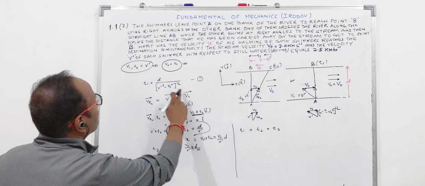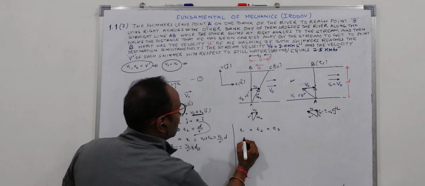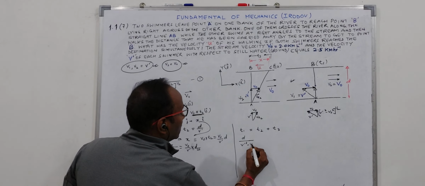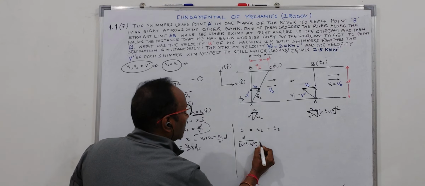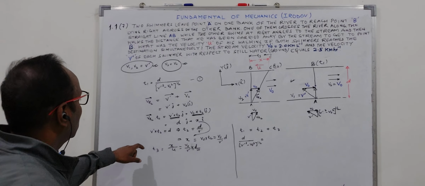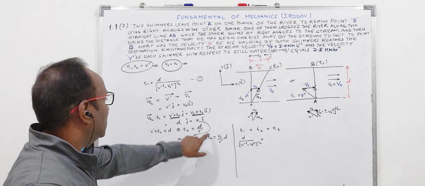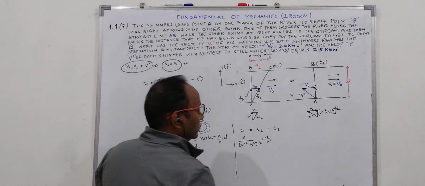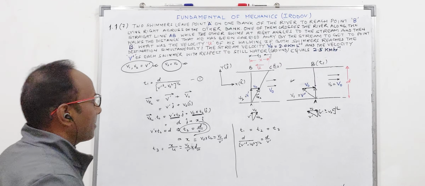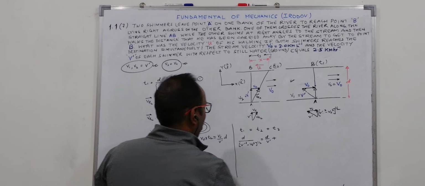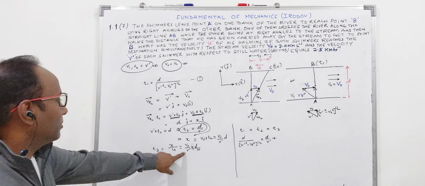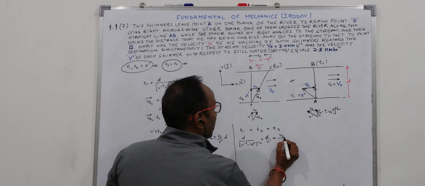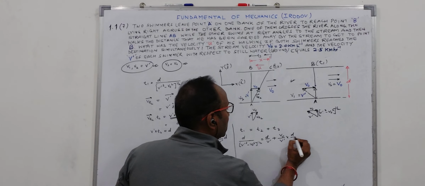Now T1 you can write from equation 1: d by the square root of v dash square minus v naught square is equal to T2, which you can write as d by v dash, plus T3, which you can write as v naught by v dash into d by u.